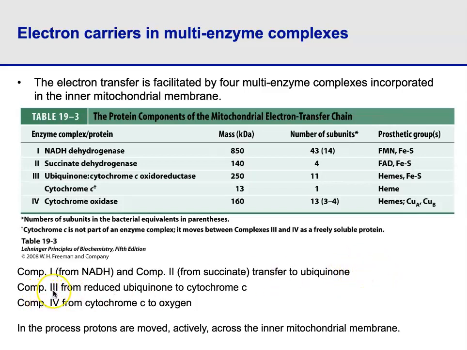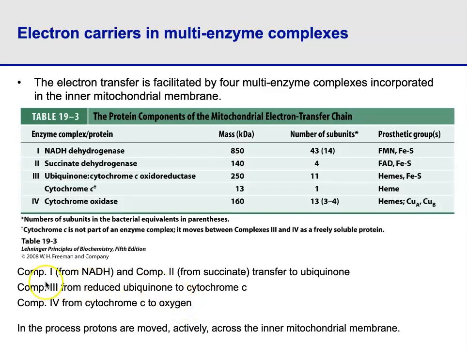Then complex 3 will take the electrons from the reduced ubiquinone, known as ubiquinol, and load them onto cytochrome C molecules, which will travel to complex 4, where the cytochrome C will donate its electrons ultimately to molecular oxygen, converting it to water.